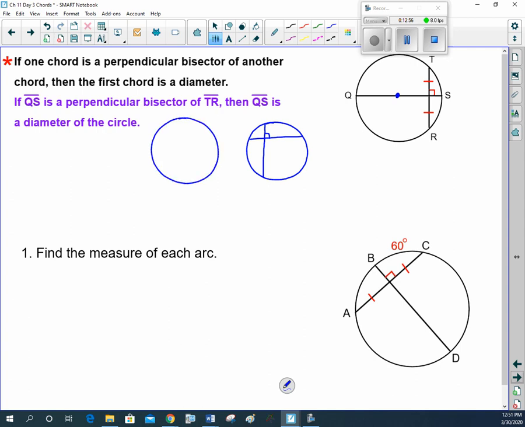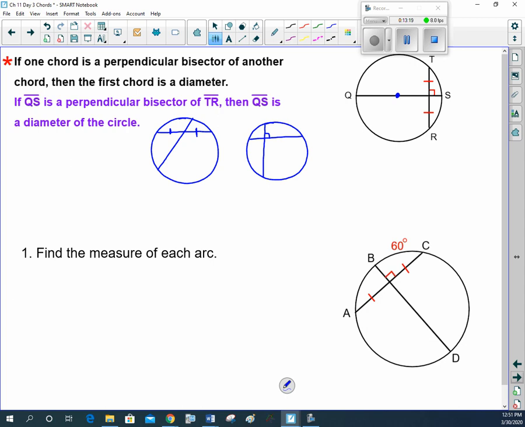What if I took my segment here and I found the center right here, but look what happens if I draw it at a diagonal. These two pieces are the same. I could measure those out, but once again, that's not a diameter. Both characteristics have to happen. It has to be a perpendicular bisector in order for it to be a diameter.